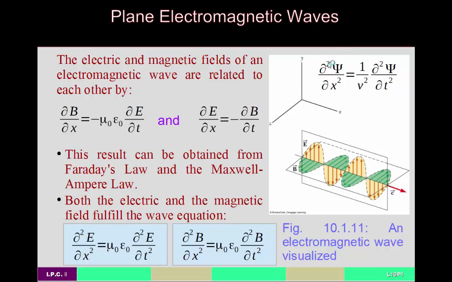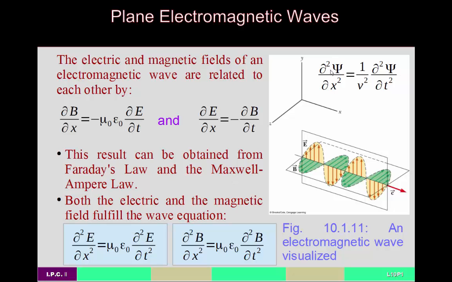The second derivative of the wave function with respect to the spatial parameter is equal to 1 divided by the speed at which this wave is propagating squared, times the second derivative of the wave function with respect to time. The wave function is the function describing the wave in question. So for an electromagnetic wave, this represents either the electric field or the magnetic field.